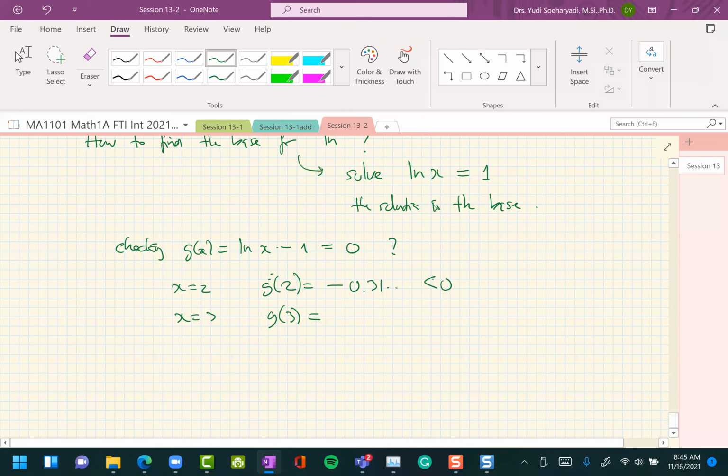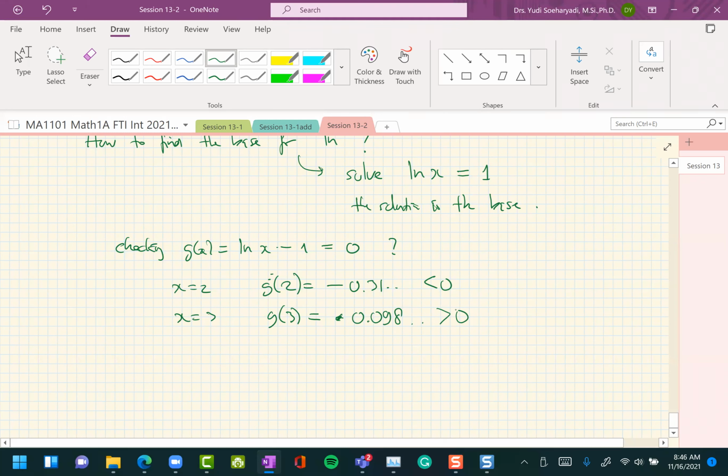And if you plug in 3, however, ln 3 minus 1, that's positive.